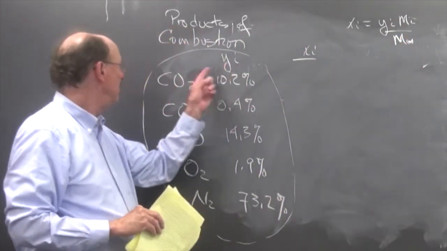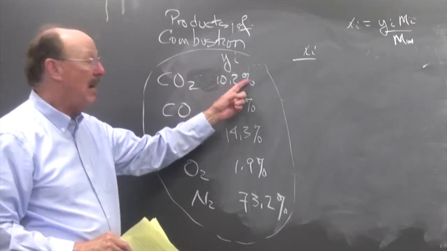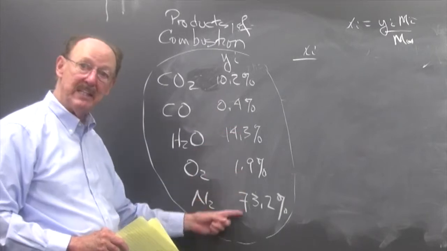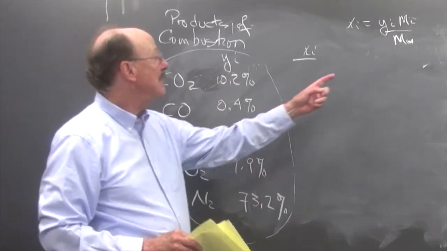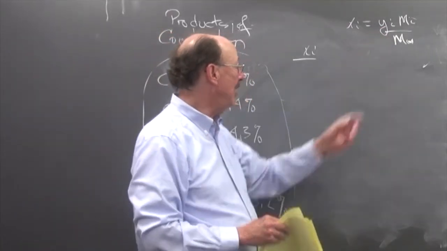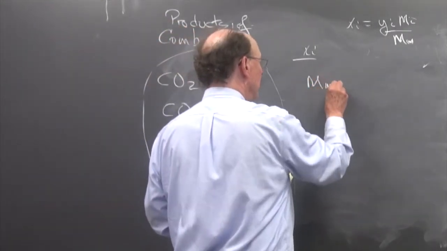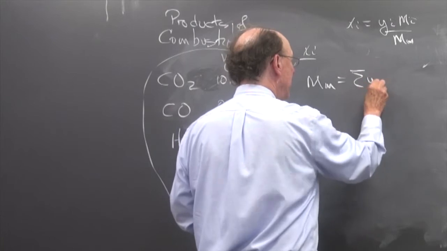I can look up the Mi for these in table A1. The molecular weight of the mixture I have to find using the equation that it is the sum of the Yi Mi.